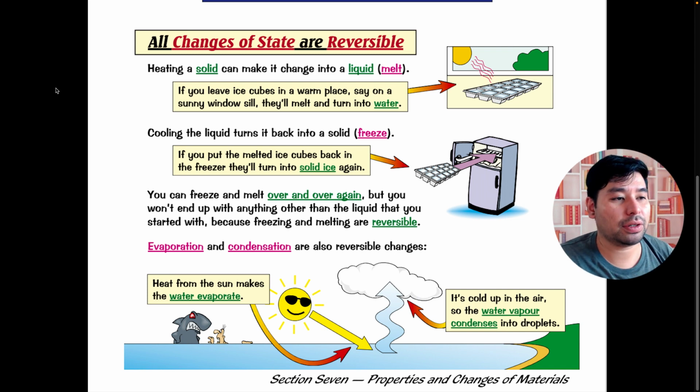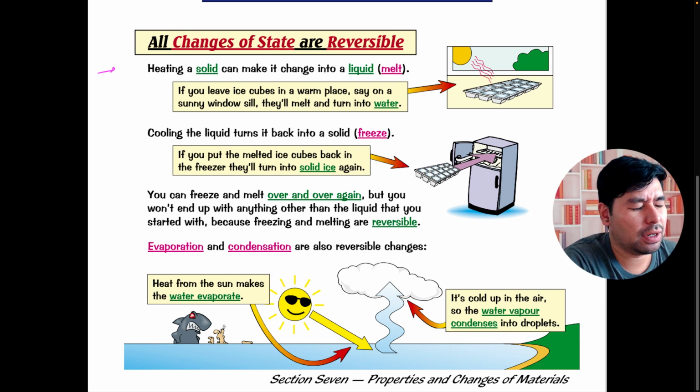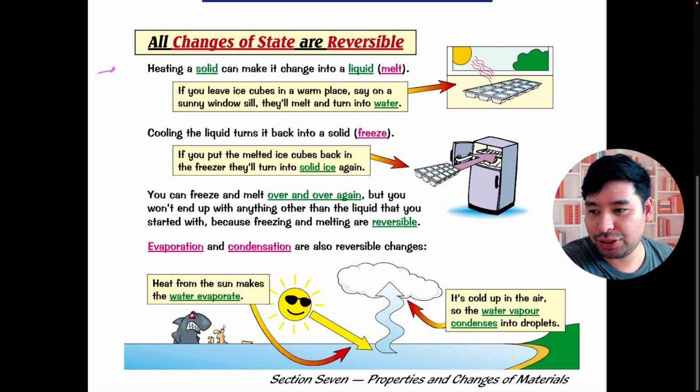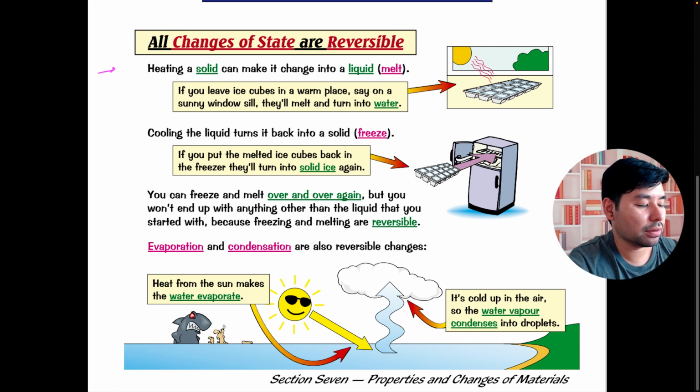So the first one here, we have this one, heating. So let's read. Heating a solid can make it change into a liquid, which means it melts. That is the changing. I guess you know melt and liquid and solid.